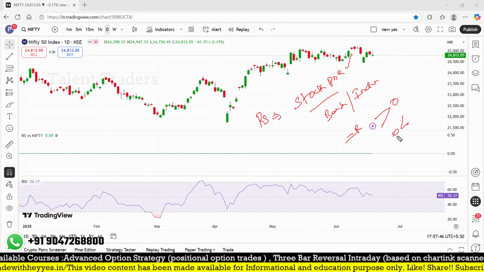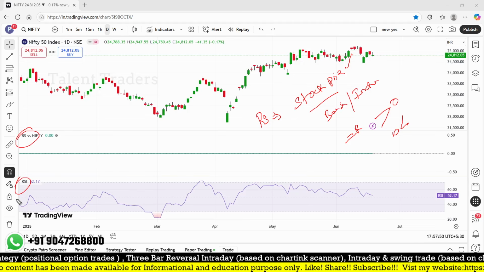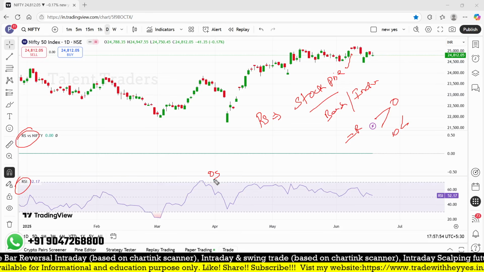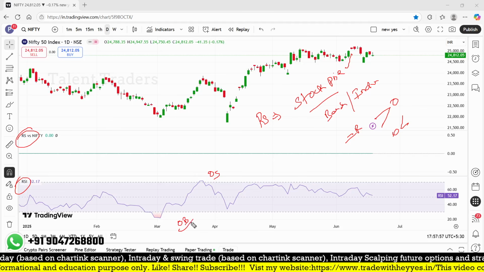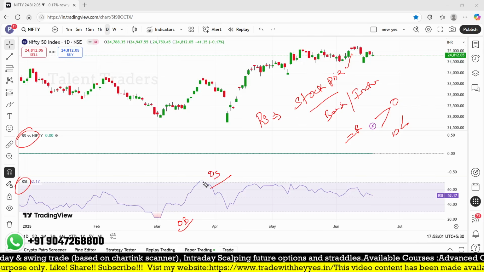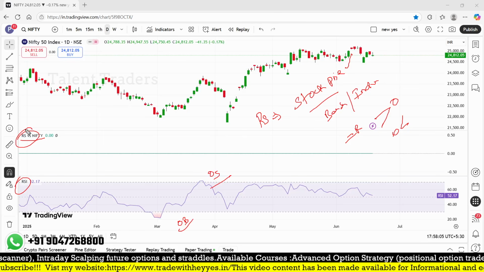That is the use of RS. RSI is the relative strength index, which shows overbought and oversold conditions. Relative strength is different from the relative strength index.